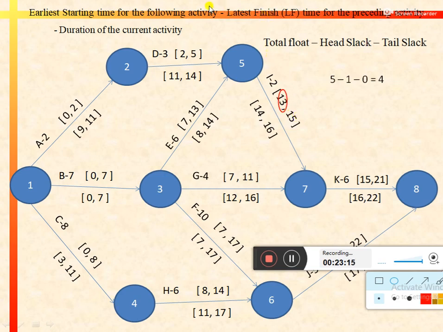Latest finish time for the preceding activity, that is activity A. So latest finish is 11 and duration is 3. So in this case the answer would be equal to 13 minus 11 minus 3. So that would be equal to minus 1.